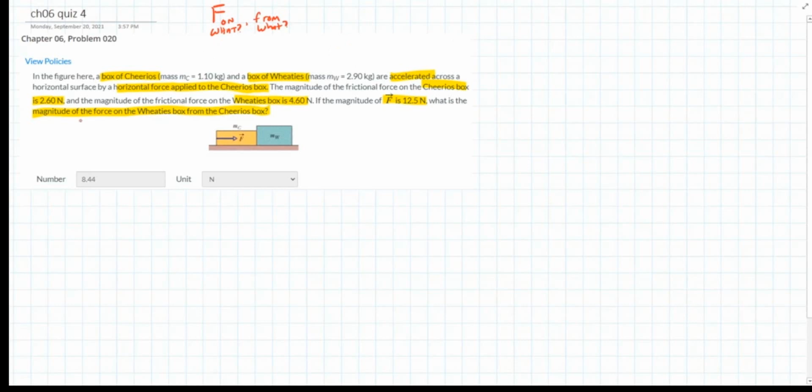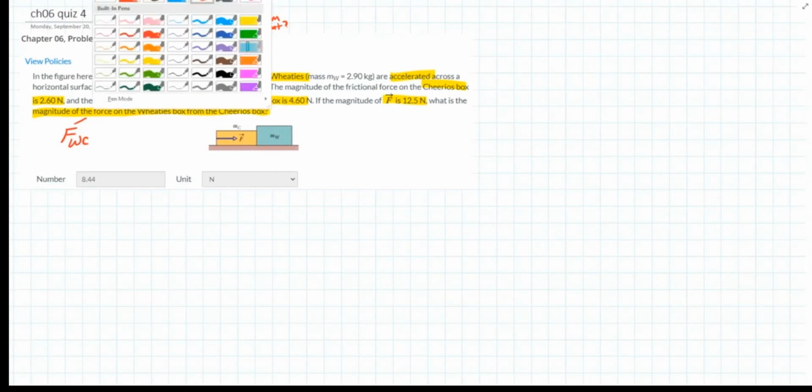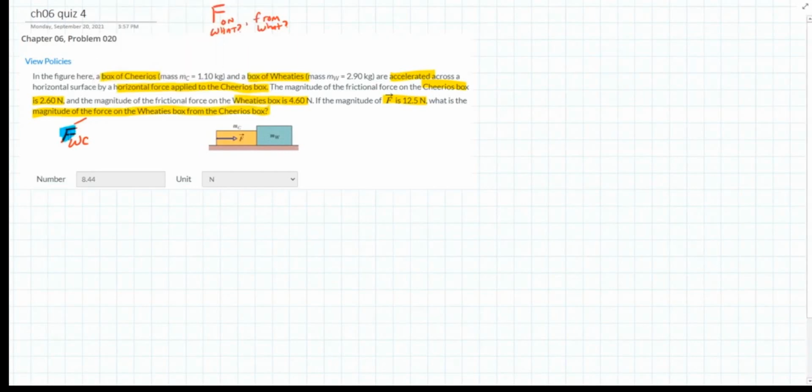So what they're asking for here is the magnitude of the force on the Wheaties box from the Cheerios box. So W comes first, from the Cheerios, C comes second. So I would read this as: what is the force acting on the Wheaties from the Cheerios? That's because of this F on what from what convention.